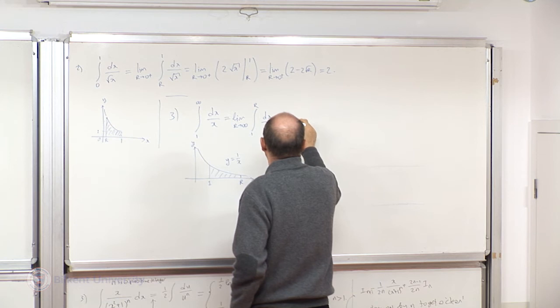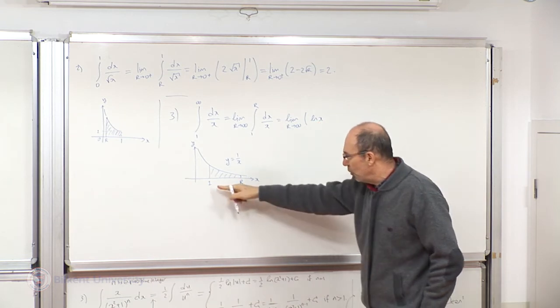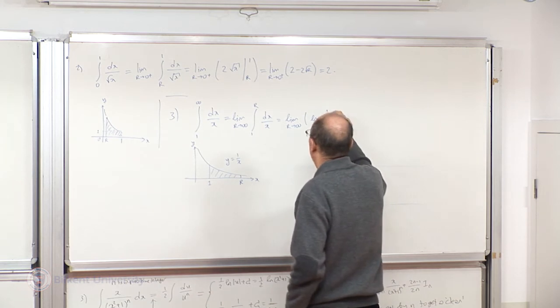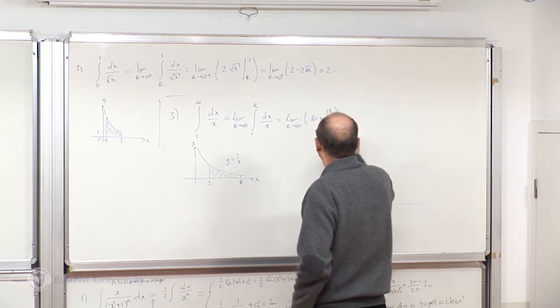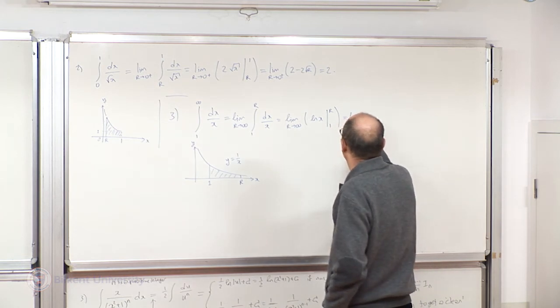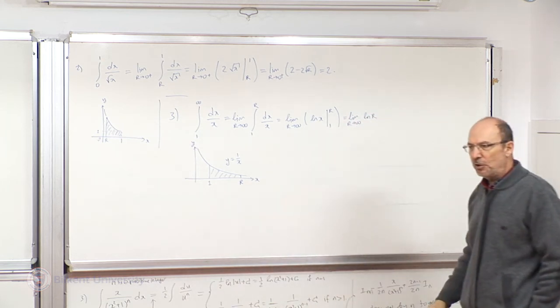I'm not taking the absolute value here because I know that x is larger than 1, so everything is positive. From 1 to r, now I evaluate this. This is equal to the limit as r goes to infinity of ln r minus ln 1, which is 0.